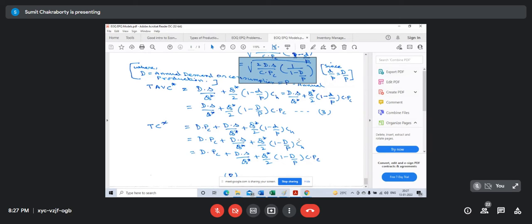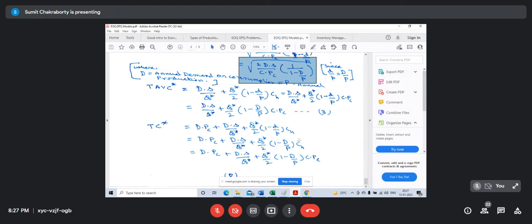So Q star is how much? Capital D is 7,200. Capital P is 25,000. So don't get confused with the demand rate.